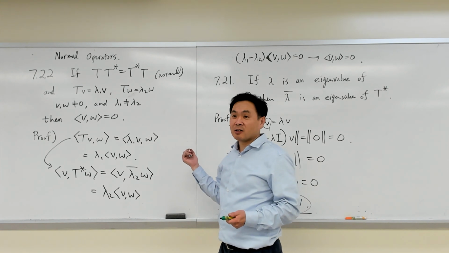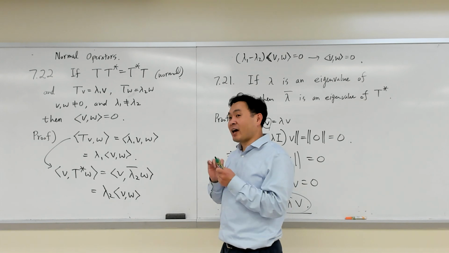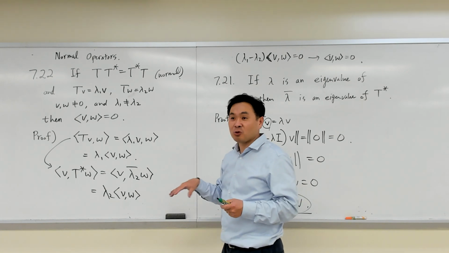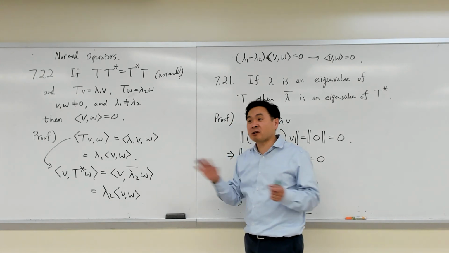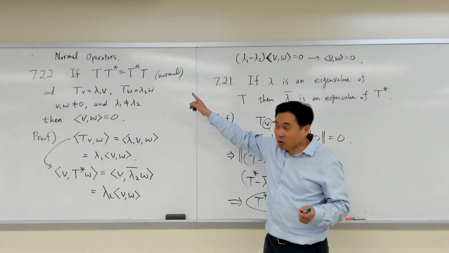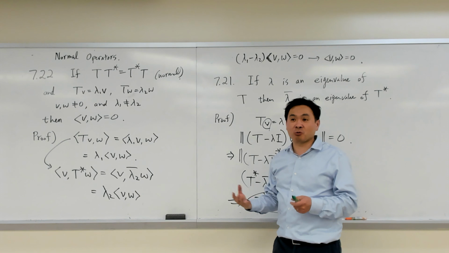Okay? We already know from a few lectures ago that if you have n distinct eigenvalues for an operator, then you can diagonalize it using some basis, but we don't know if it was orthonormal, right? A normal operator has an orthonormal basis which diagonalizes it.